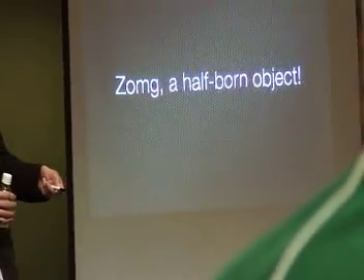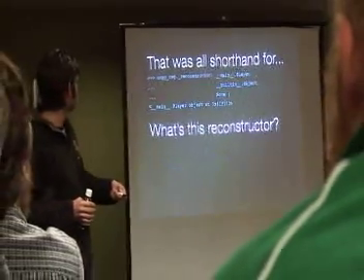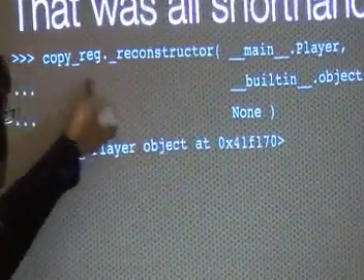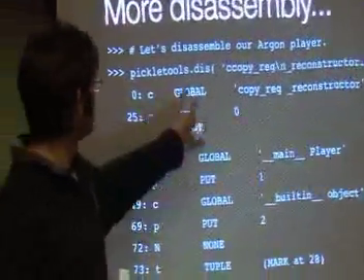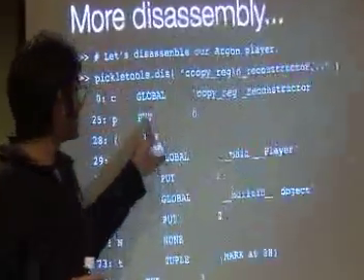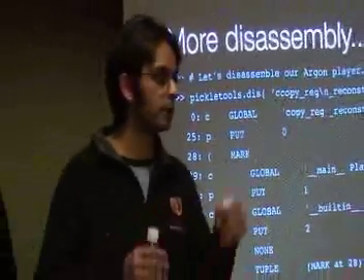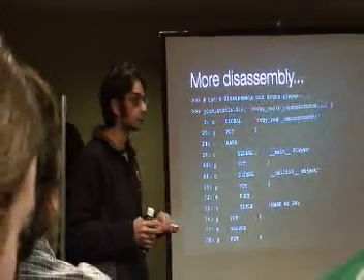FindClass is used back here. The way that it gets main player, built-in object, and copy reg reconstructor is that it's finding these things. Whenever it runs into a global instruction, it calls a particular method on an unpickler class called findClass.